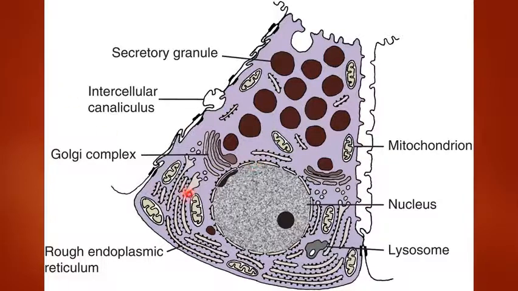The signal sequence is removed, the protein is synthesized, and it is sent to the cisternal space of the rough endoplasmic reticulum. I hope you all know what the cisternal space is. Cisternal space is basically the inside space of the folds of the rough endoplasmic reticulum.